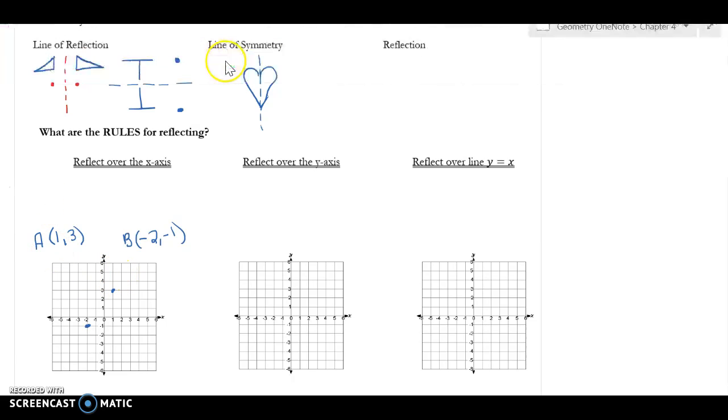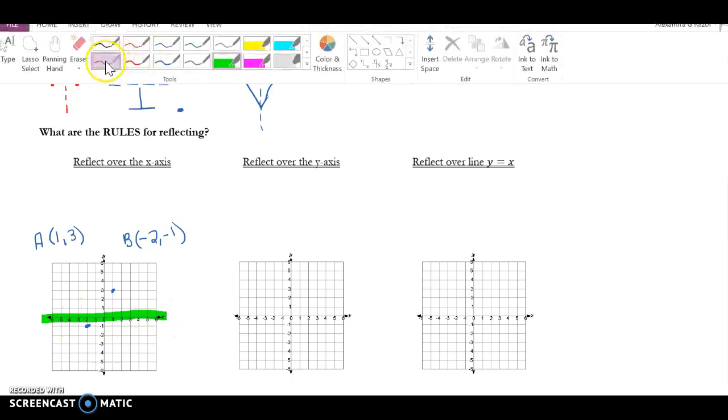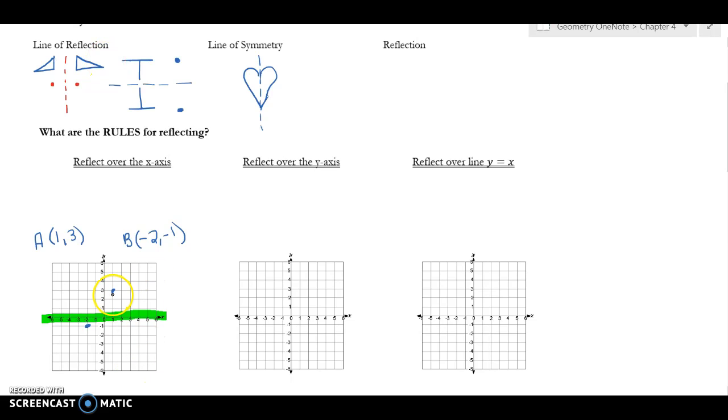Remember, the x-axis is the horizontal axis, so I'm going to highlight this. That's what I'm reflecting over. And point A is 1, 2, 3 away. So that means I have to go 1, 2, 3 down. And that's A prime. And this was A.